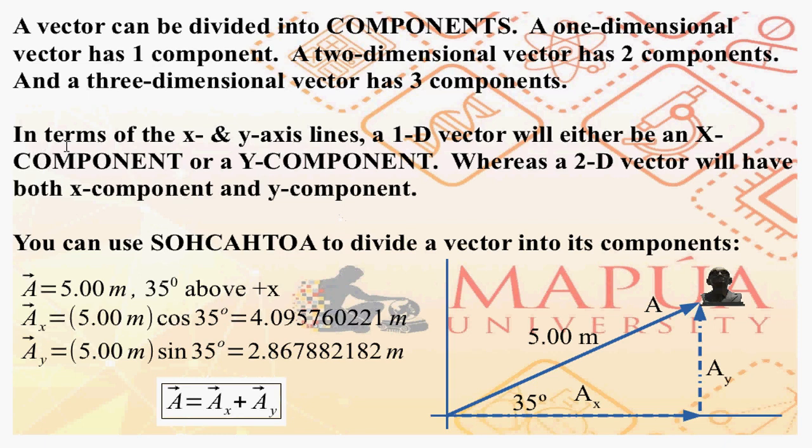So as mentioned, in terms of the x and y axis lines, a one-dimensional vector will either be an x component or a y component, whereas a two-dimensional vector will have both x and y components. You can use SOHCAHTOA to divide a vector into its components.